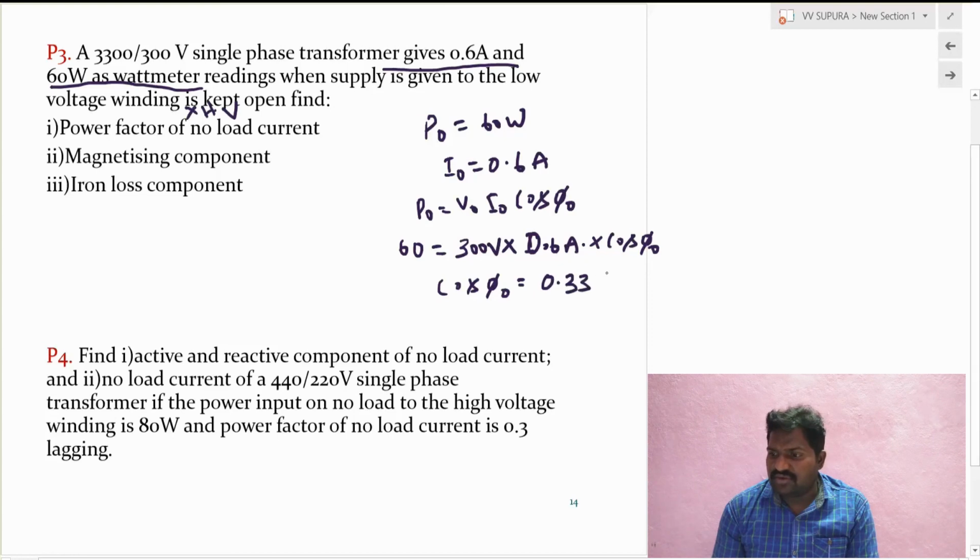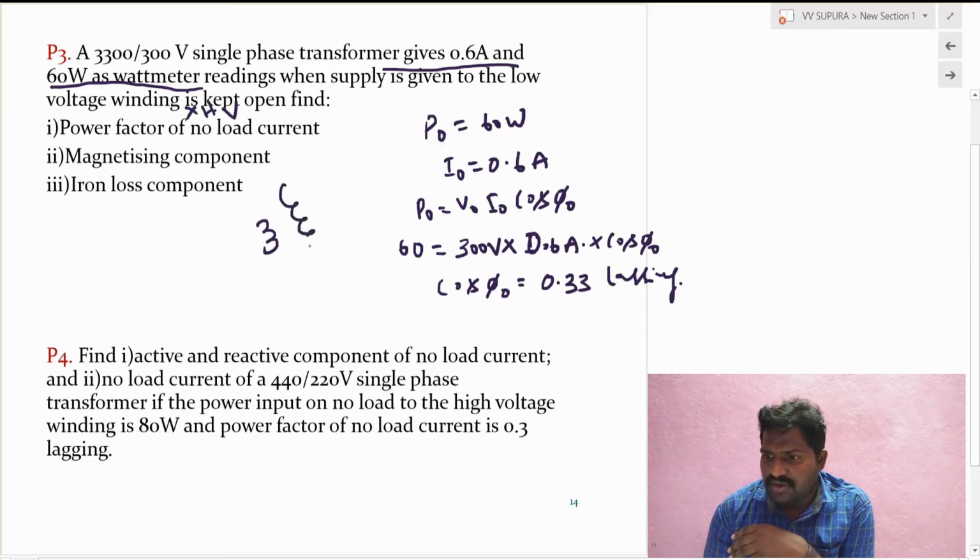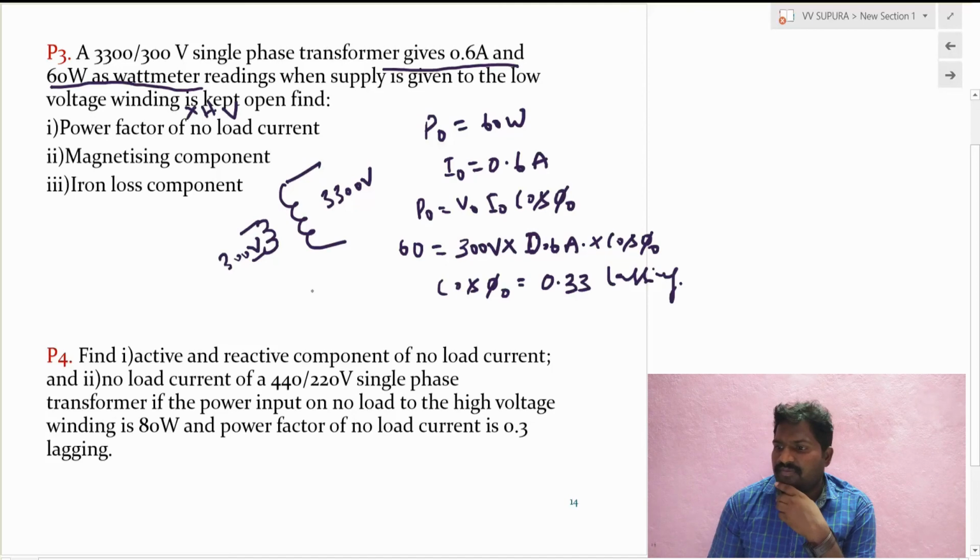So it is an inductive load, that is lagging. So I will draw a diagram here. If it is a transformer, this is 3300 volts and this is 300 volts. When no load is connected, some current flows, it is I naught. So the power P naught is equal to V naught I naught. We calculate the power factor.